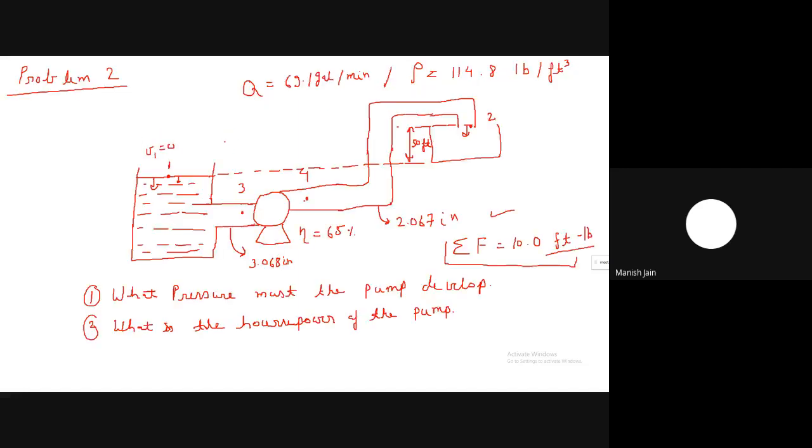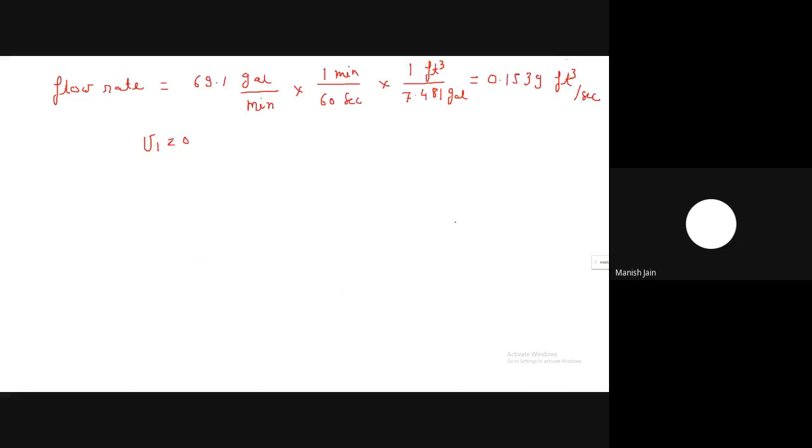Now at point 2, the diameter of the pipe is 2.067 inch. You can calculate the cross-sectional area, pi d square by 4.